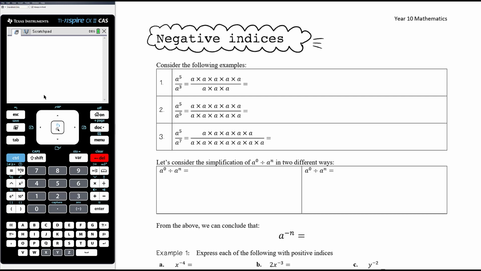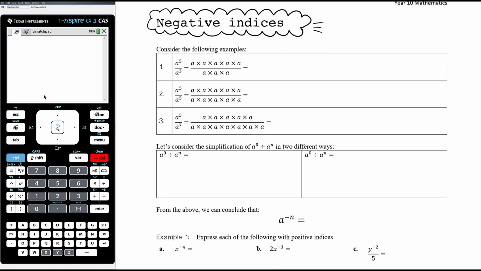Okay, so let's just have a look at the following examples to sort of establish what's happening here. So if we have a to the power of 5 divided by a to the power of 3, well, we know that's a times a times a times a times a, 5 times on the numerator, and a times a times a, 3 times on the denominator. So we know we can simplify that fraction by dividing the numerator and the denominator by a once, twice, and 3 times until we're just left with 1 on the denominator and we just have a squared left on the numerator.